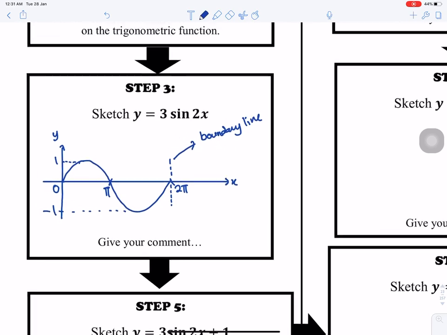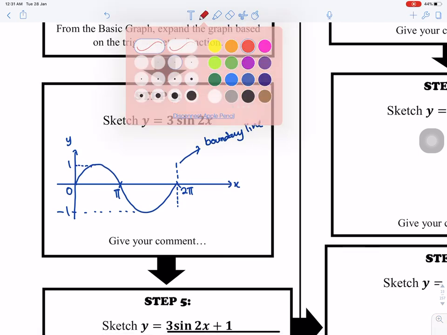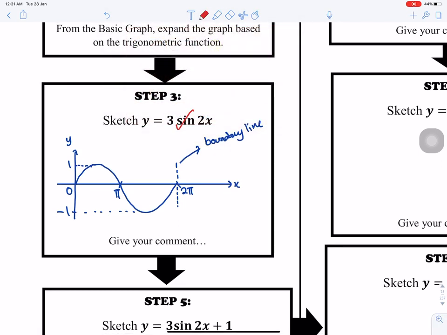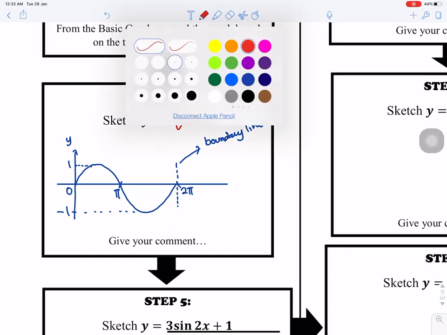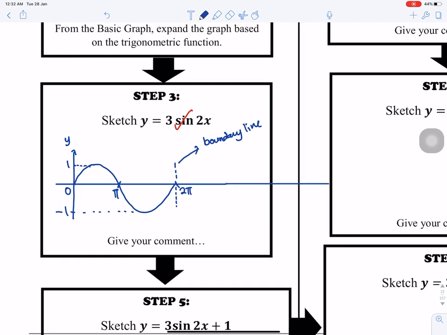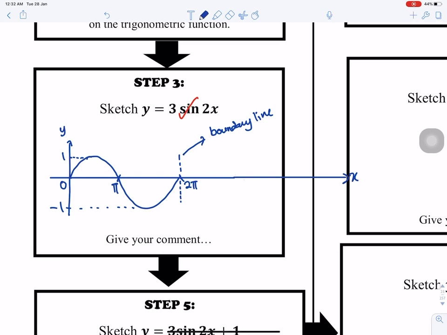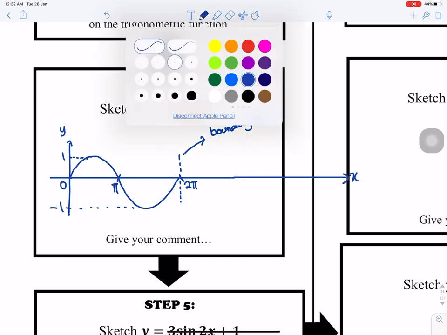We already drew the basic graph of sine, and then we erase and draw another long x-axis.